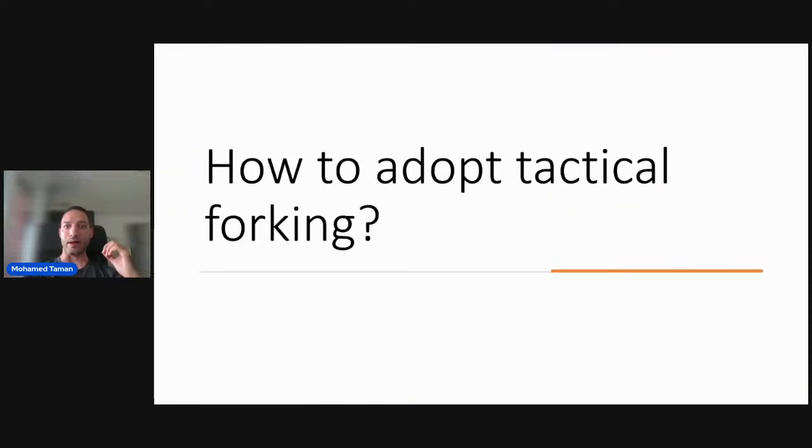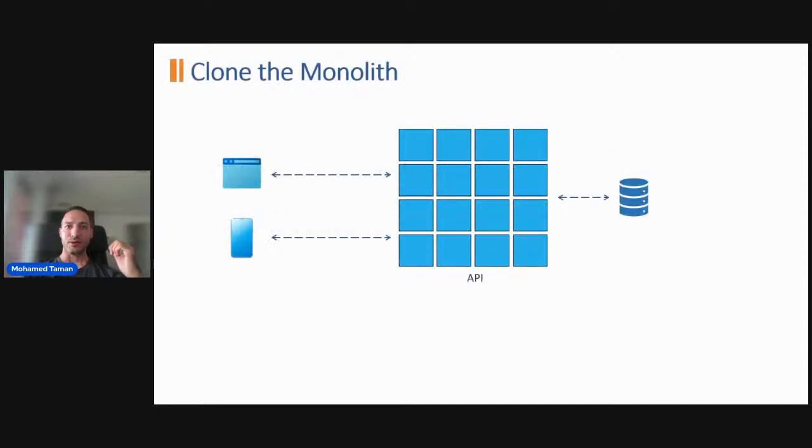Okay, so by now, you know what tactical forking is and when it becomes a viable option for you. The next question is, how do you practically adopt this approach? The first step is to evaluate what you would need to copy, or clone, so that another team has a copy of the software architecture that they can independently grow and own.